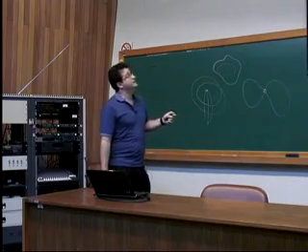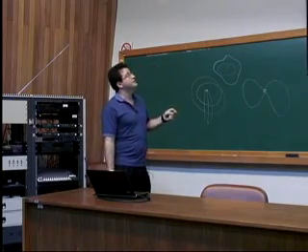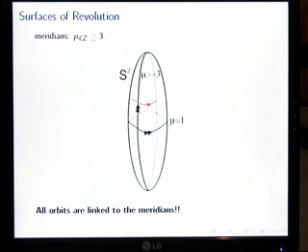So in this case, we have the equator with index 1 and the meridian with index at least 3. And all orbits are linked to this one, but not all orbits are linked to this.